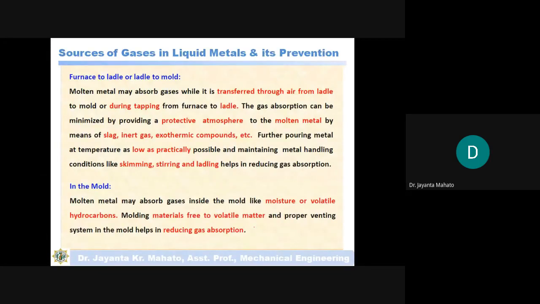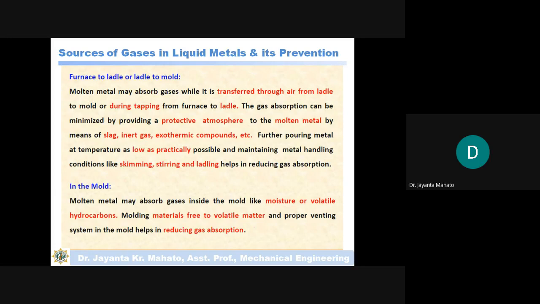The gas absorption can be minimized by providing a protective atmosphere to the molten metal by means of slags, inert gas, exothermic compounds, etc. Pouring the material at as low a temperature as practically possible, and maintaining proper melting and pouring practices like skimming, cleaning, and fluxing, help in reducing gas absorption.